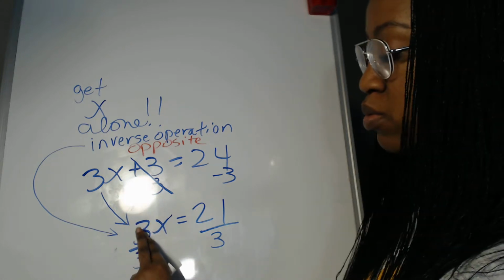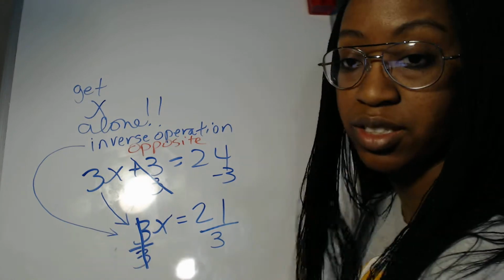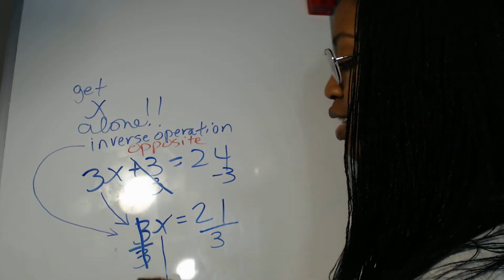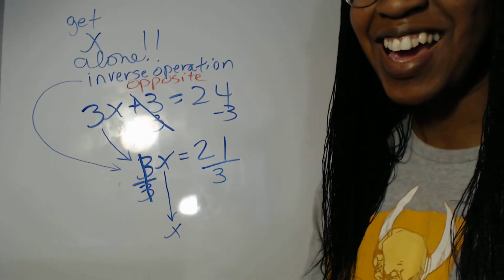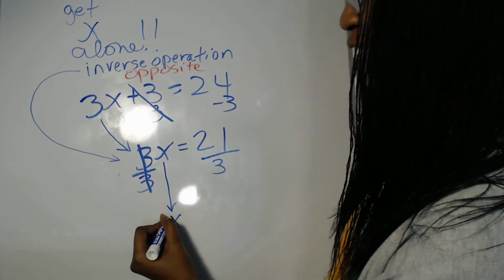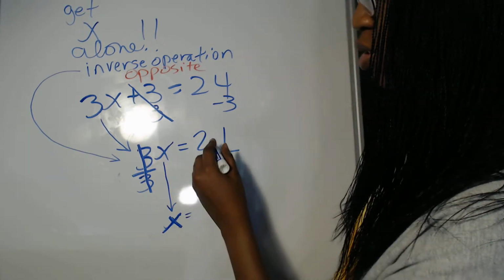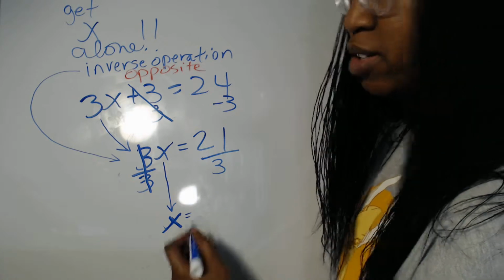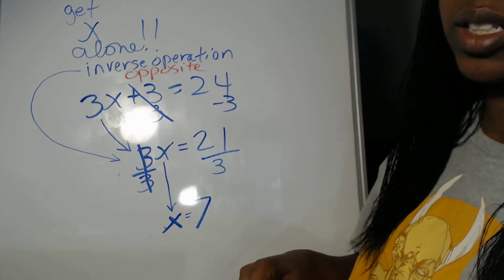Well, when we divide by 3, over here, this cancels out. We bring down the x. X finally knows her value. X equals, what is 21 divided by 3? 7. Okay, let's do the next problem.